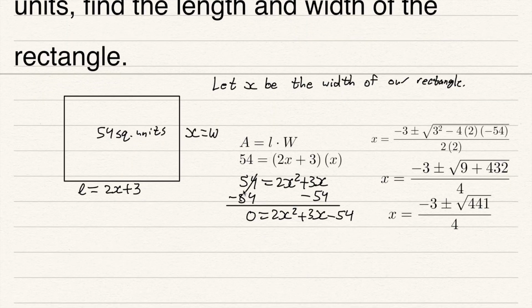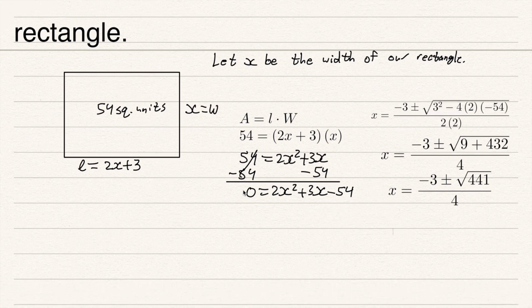Simplifying what's under our square root, we get 441. So now we go to our perfect squares. We know that 21 squared is 441. So x is equal to negative 3 plus or minus 21, over 4.